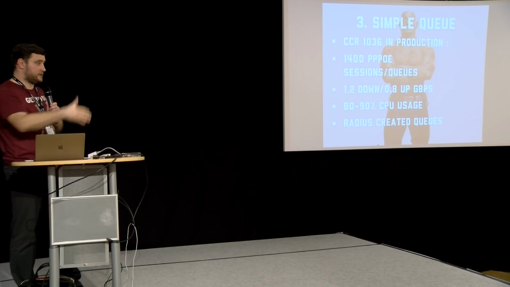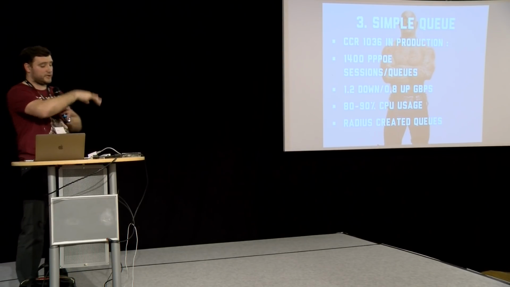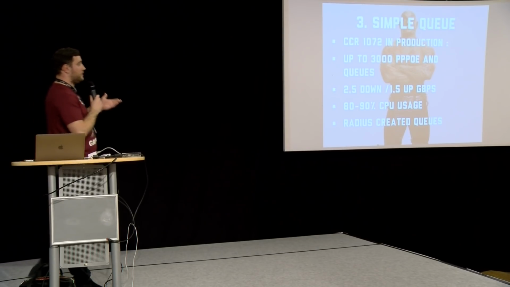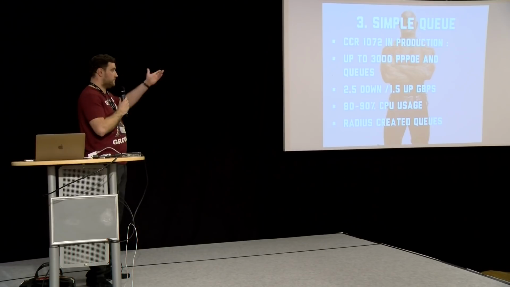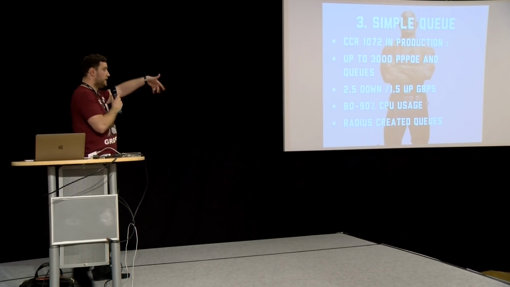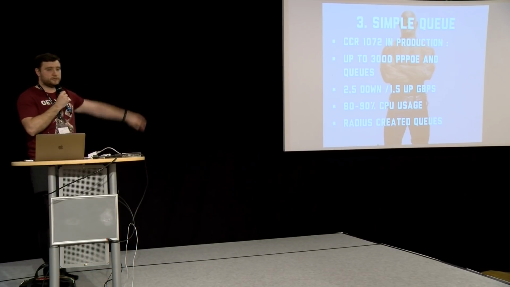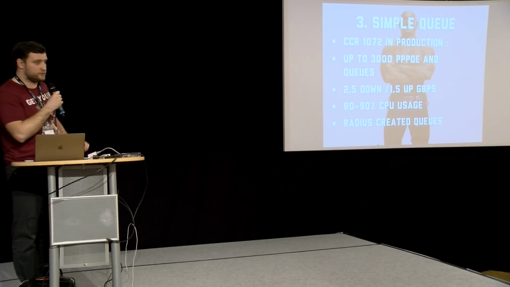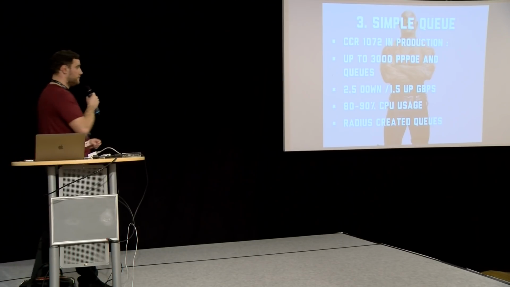And as I said, all these queues were created by RADIUS. If we take the 1072, it's almost double performance. So up to 3000 PPPoE sessions and queues, and less than 3 gigabit, around 2.5, and it will bring you to the same usage level of CPUs.